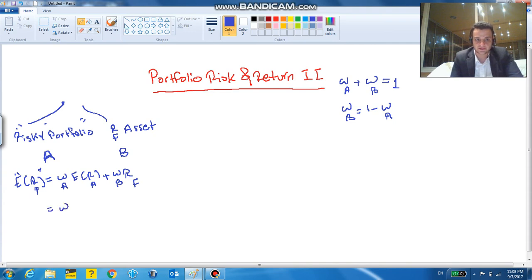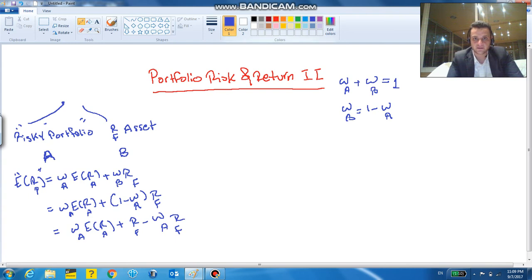What we get is weight A times expected return A, nothing changes here, plus 1 minus weight A multiplied by the risk-free rate. Next, we multiply the risk-free rate by 1 minus weight A, so you get plus risk-free minus weight A times risk-free.